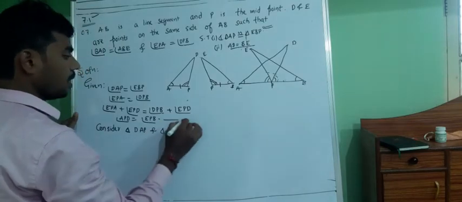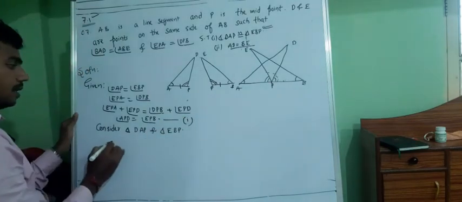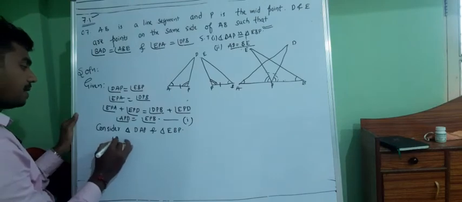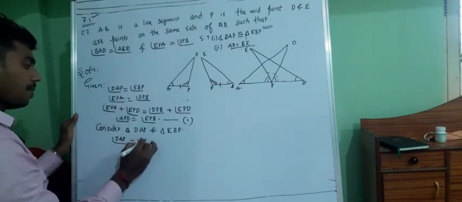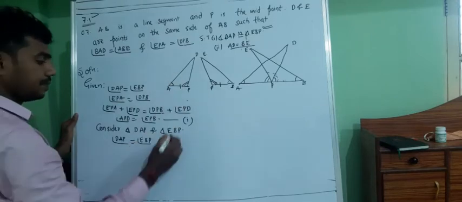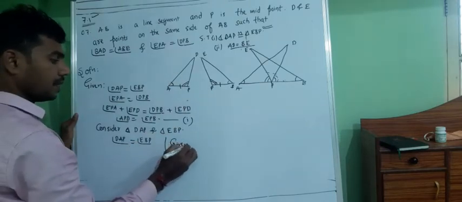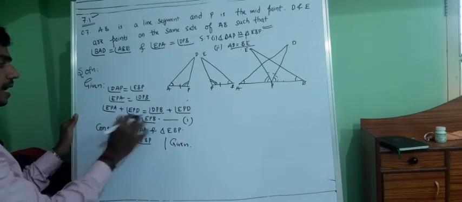Now I will call it as equation 1. In this, angle DAP is equal to angle EBP. It is given to us. Next, angle APD.